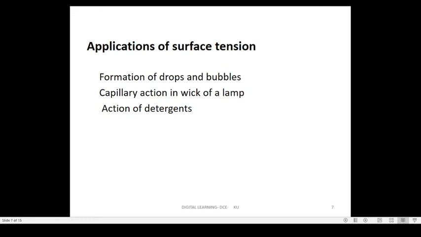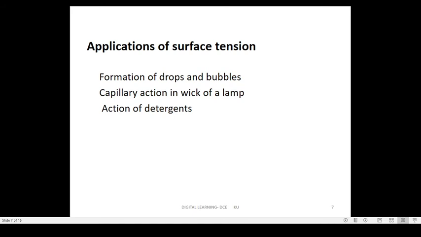That is, due to the surface tension only, the liquid drops and bubbles are spherical in shape. The surface tension forces try to keep the surface area minimum. That is why the liquid is in drop form.